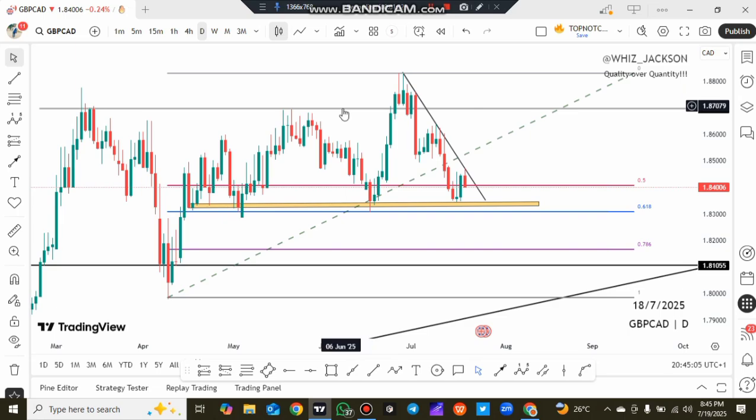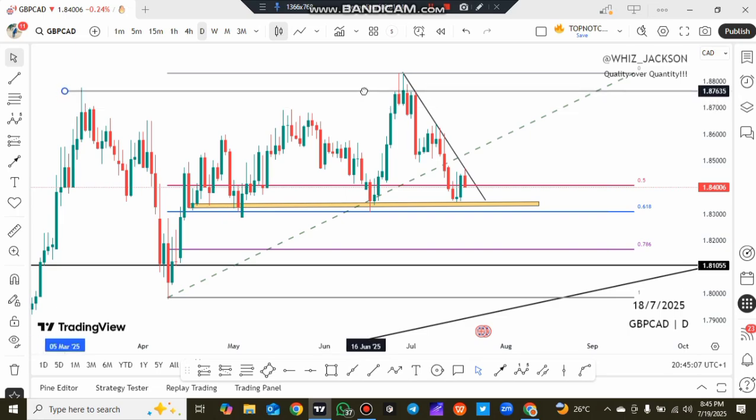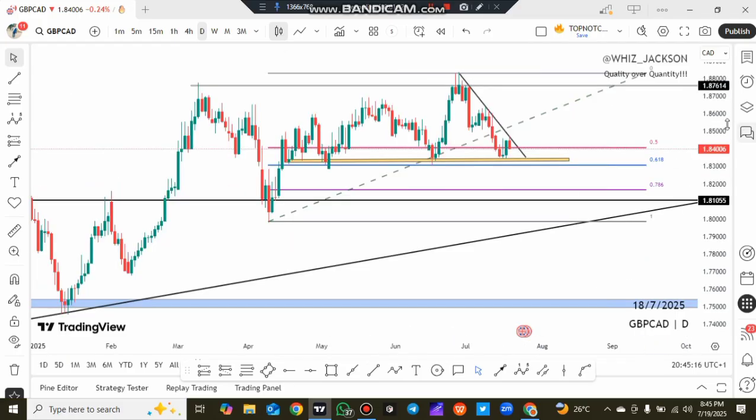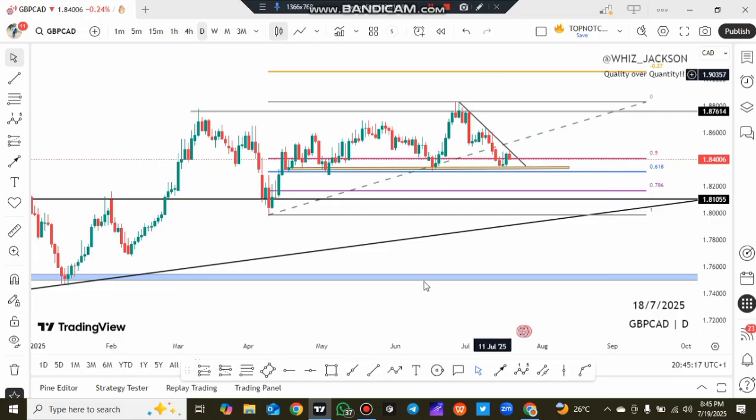The first level target is going to be here. Then for the second level target, I'm going to be taking the 71. This point is going to be my next level target. Let me just put it there. So that will be my second level target.